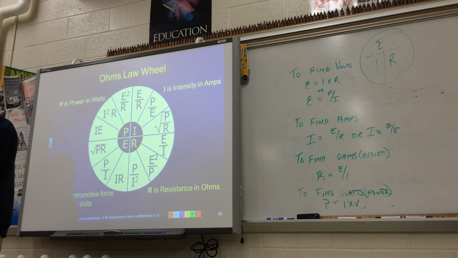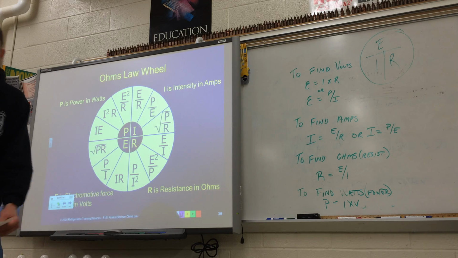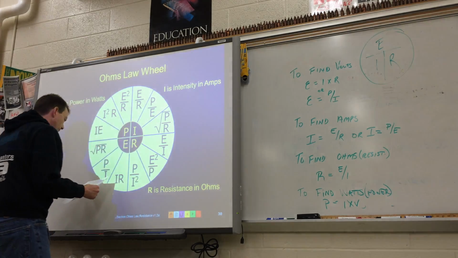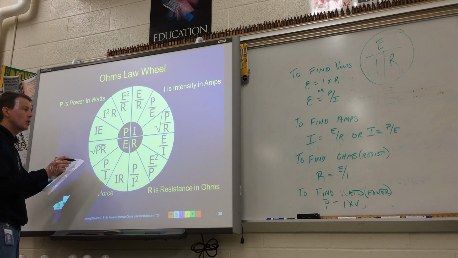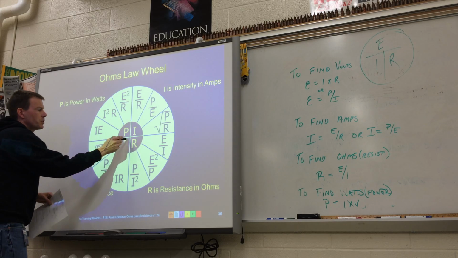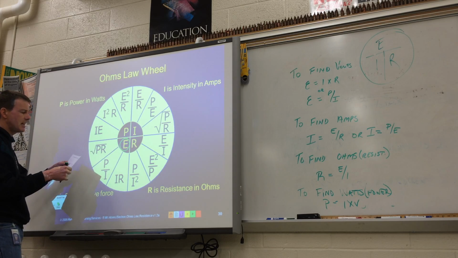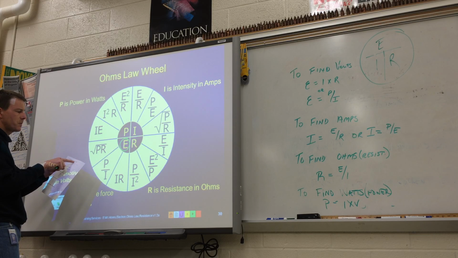So look on the back of your page. On number 6, find the voltage when you were given the power of 1,000 watts and the current is 8 amps. So what are we trying to find, E, I, R or P? What is voltage? Oh, E. Okay, so we're trying to find E. And which ones are you given? Watts, which is what? Power.